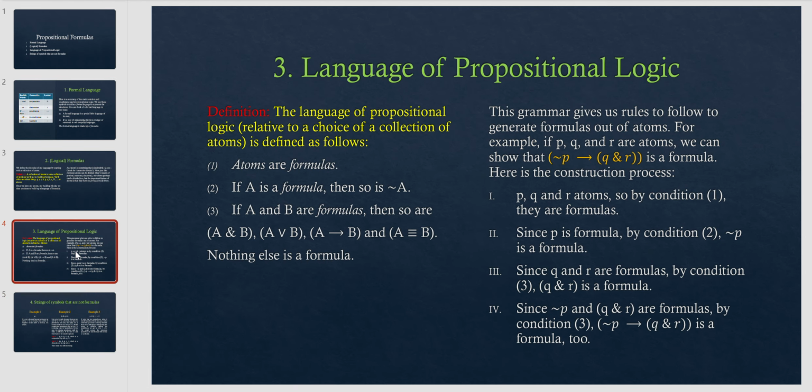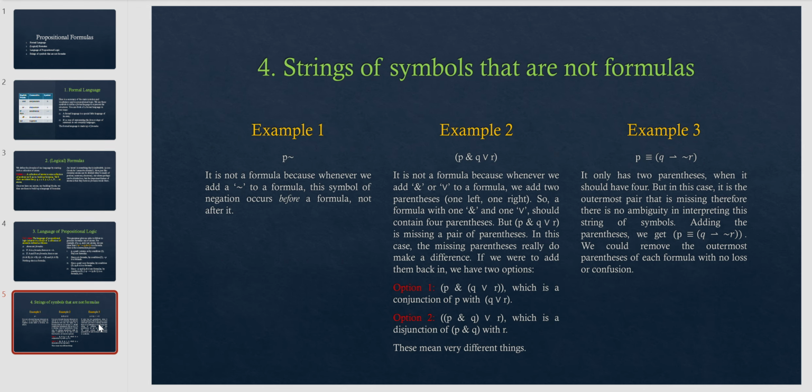For example, you can see here we have used the symbol of negation and then the A. This symbol is used before the A, not after the A. But here you can see that our symbol of negation is used after the P, therefore we cannot use this symbolic expression as a logical formula.